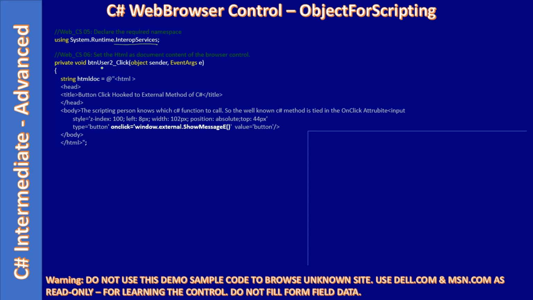This is the click event handler for the second button. As usual, we prepare an HTML document. Here we are preparing it as a string, and it has the HTML, head, title, and all the other elements.